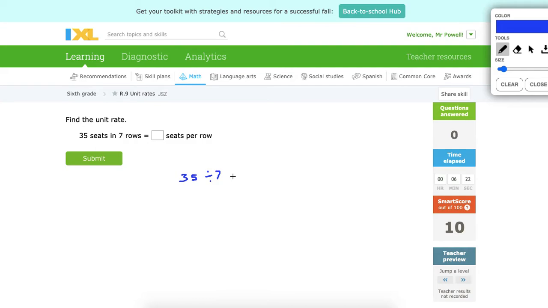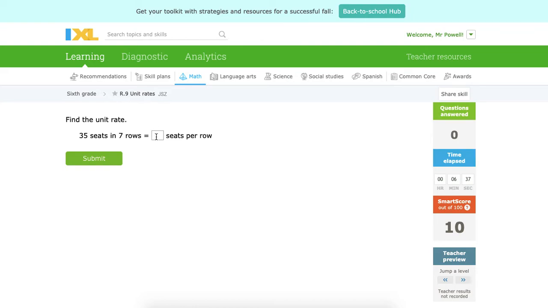So that is just 35 divided by 7, and that gives us 5. So it'll be 5 seats per row. You could go ahead and just type that in there and get 5 seats per row.